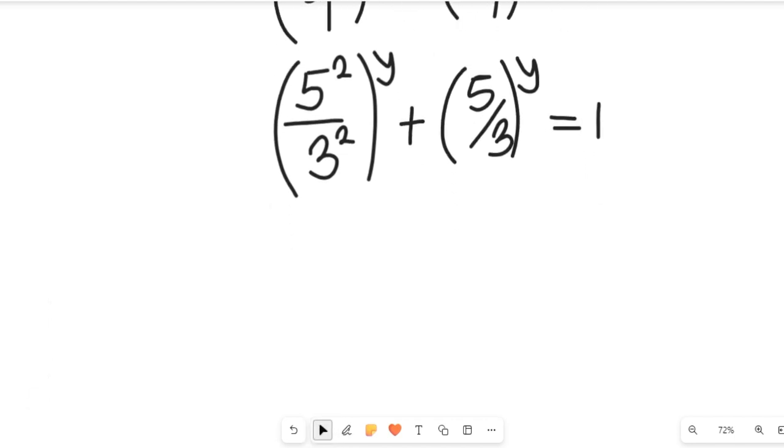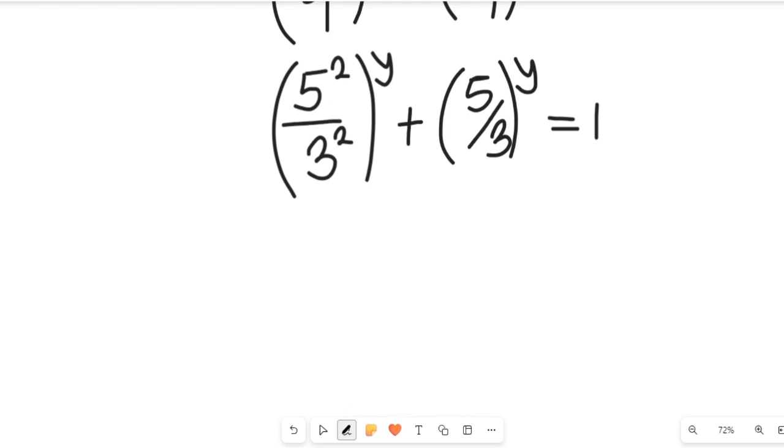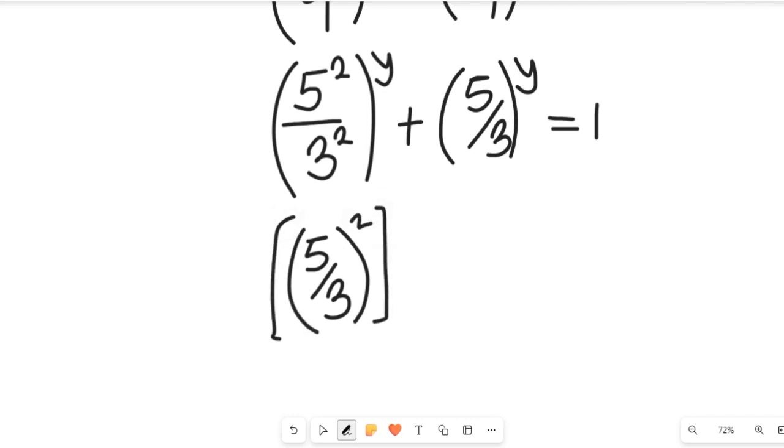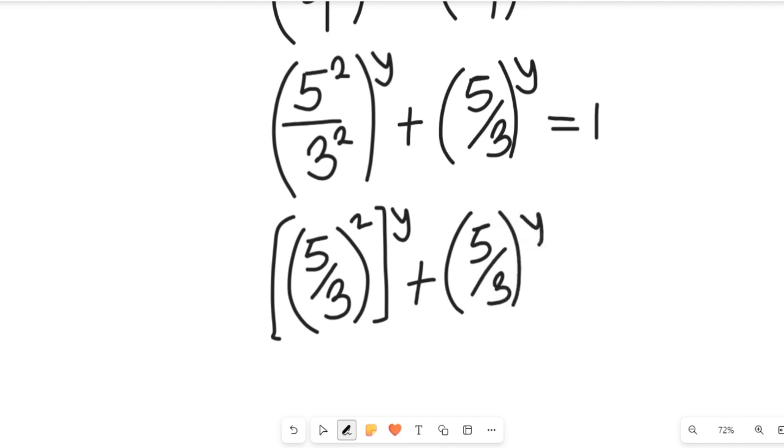Fine. So if we simplify this, we are going to have (5 divided by 3) all squared, all to the power of y, plus (5 divided by 3) all to the power of y, equal to 1.